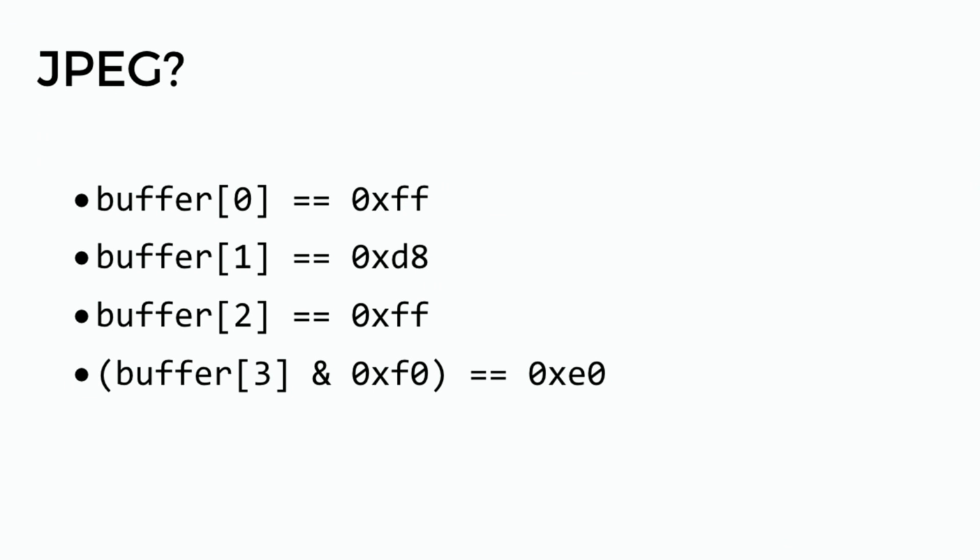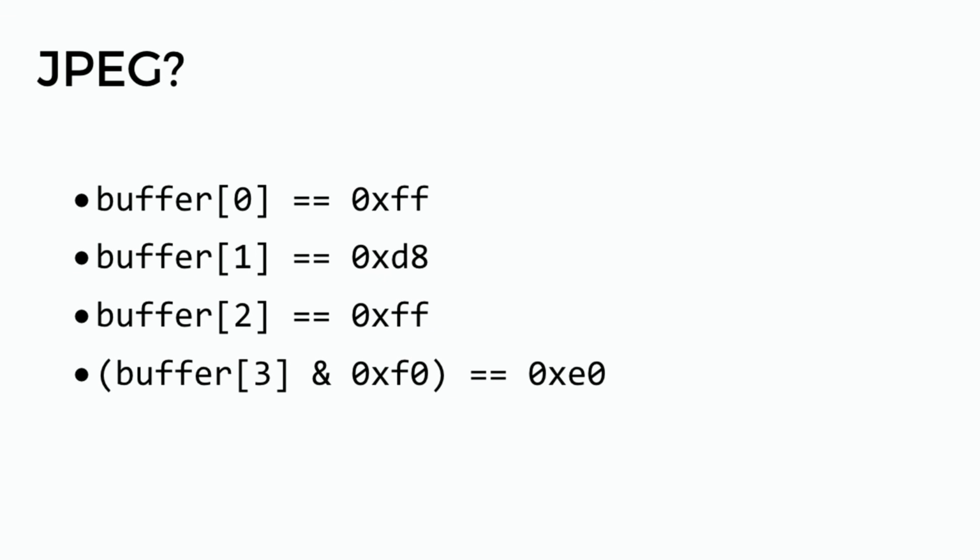So to simplify, we can use a trick known as bitwise arithmetic, where I can take the bitwise AND of buffer[3] and 0xF0. What that's going to do is it's going to say, just look at the first 4 bits of this 8-bit byte and set the remaining 4 bits to 0. What that means is that 0xE0, 0xE1, 0xE2, so on and so forth all become 0xE0 because we've cleared out those last 4 bits.